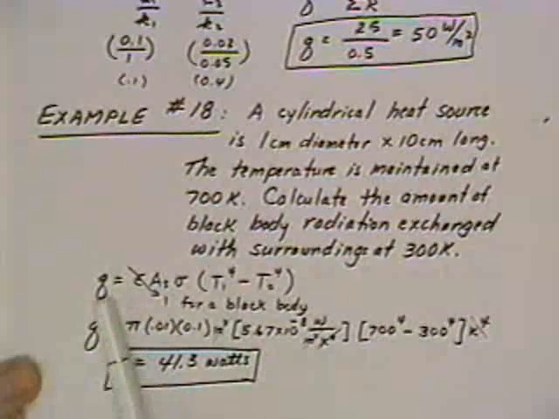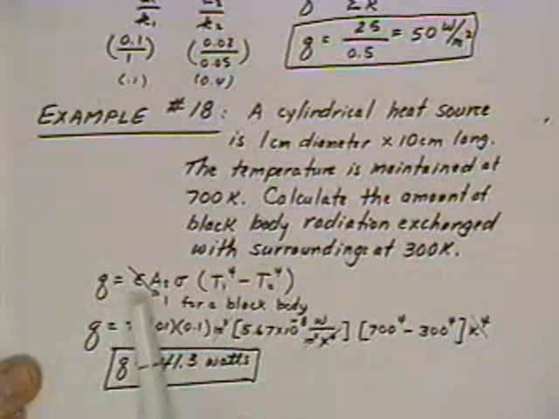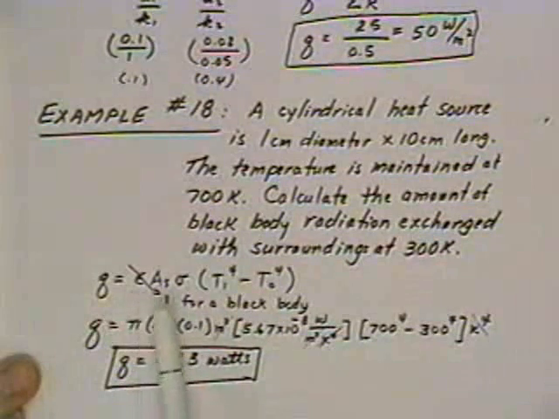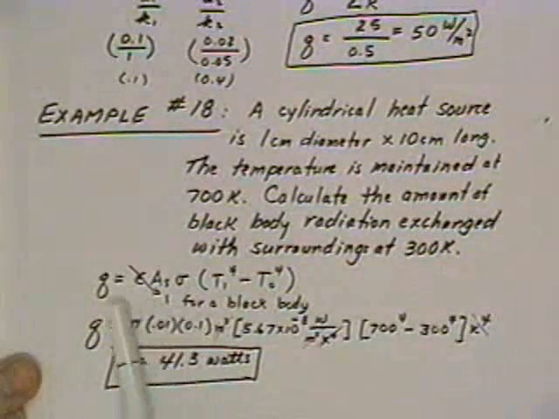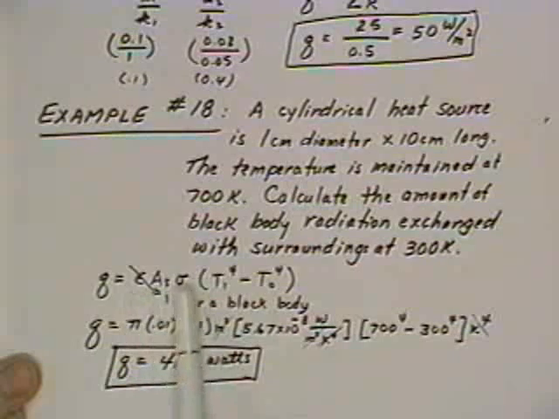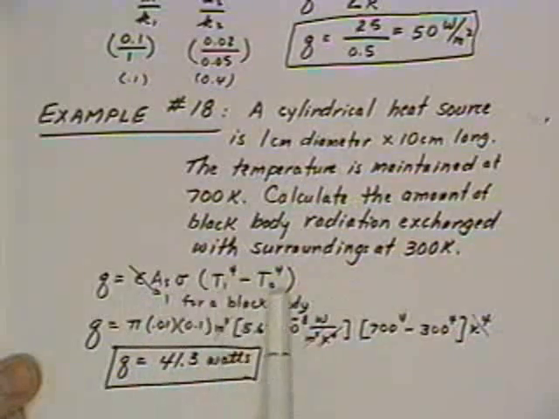But the heat transfer by radiation is then equal to this equation in your reference manual on page 53 or 54, I forgot which, where Q is equal to the emissivity, epsilon, times the surface area, times the Stefan-Boltzmann constant, sigma, times T1 to the 4th minus T0 to the 4th.